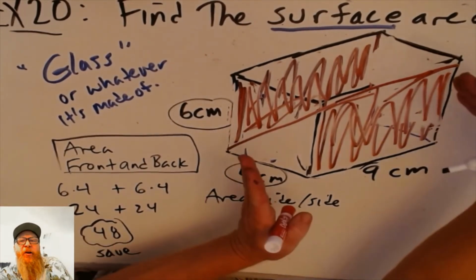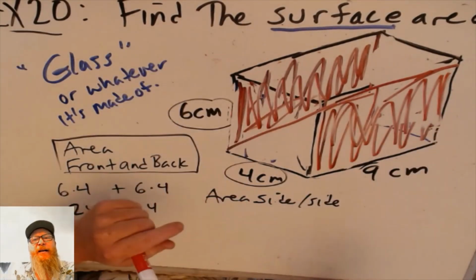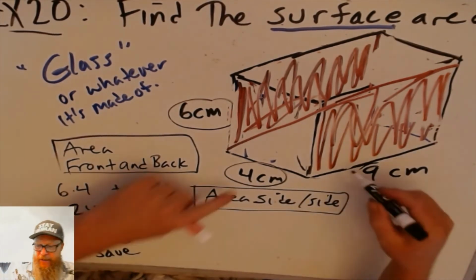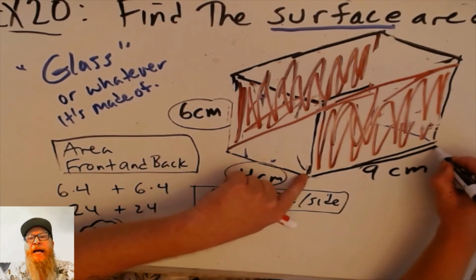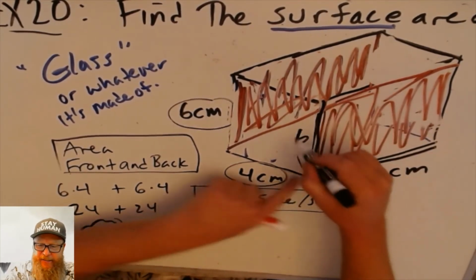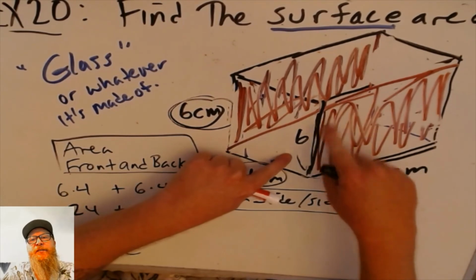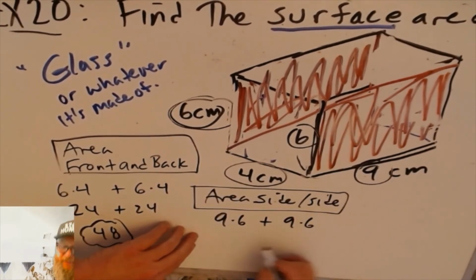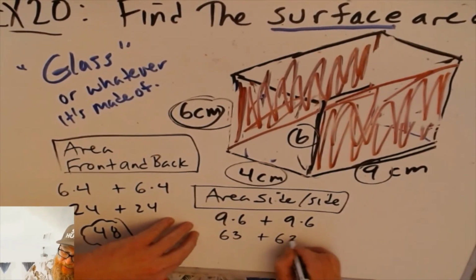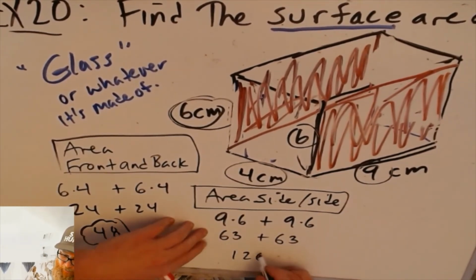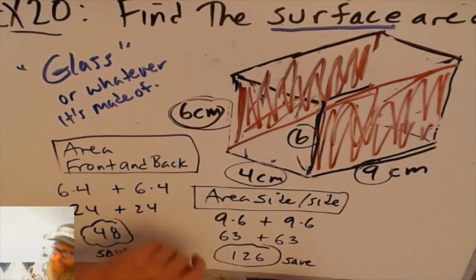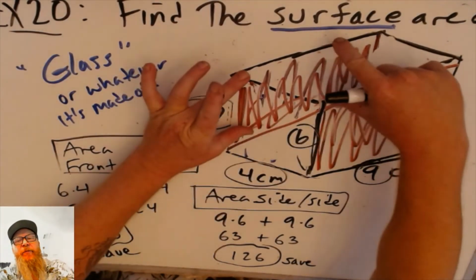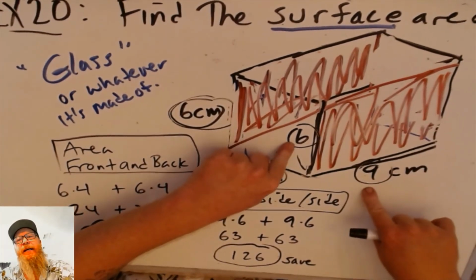I'm calling this front and back. I'm calling this side, side. And then I guess I'll call the last of it top and bottom. All right, so what would that be? This would be 9, and this would be 6. Yeah, this is 6. This is also 6. So it would be 9 times 6 plus 9 times 6. 54 plus 54, 108. Save. All right, so that's this big red side and then the other big red side. They're both 9 by 6.